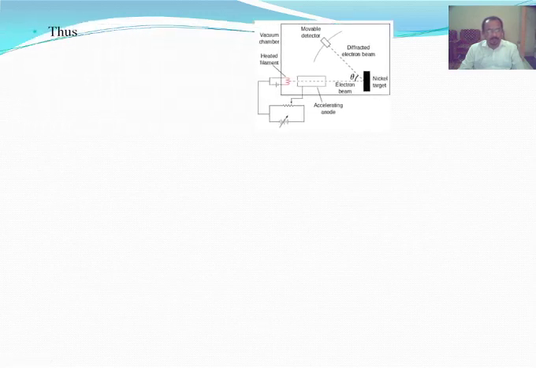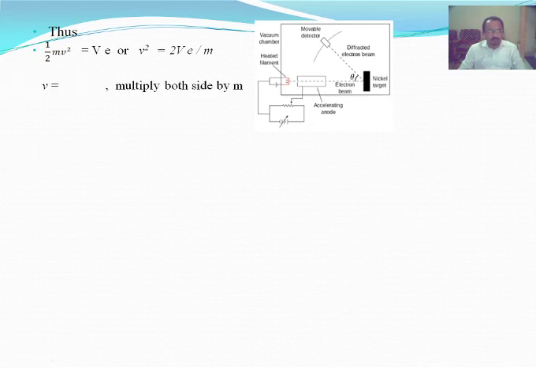Now thus we can equalize the kinetic energy with that of the electric force, V into e. Rearrange this equation. If we transfer 2 on this side and m on this side, we will get v square is equal to 2Ve upon m. Take the square root of this, we will get v is equal to square root of 2Ve upon m.